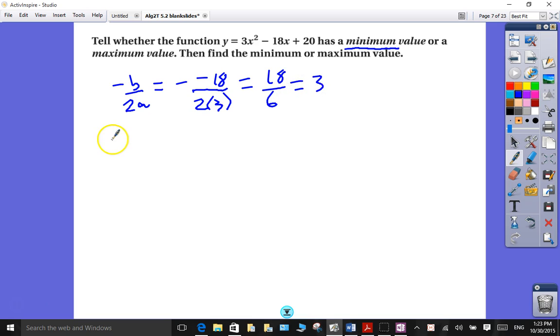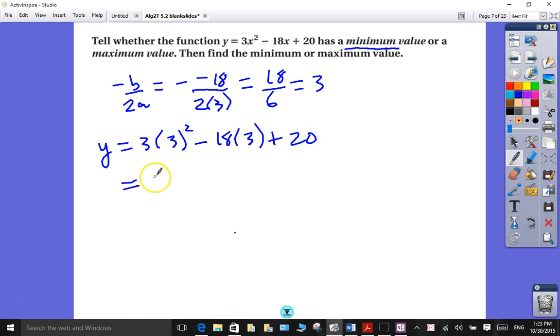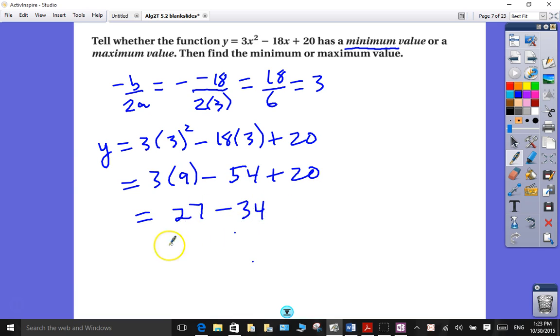Okay. Now I plug that back in. y equals 3 times 3 squared minus 18 times 3 plus 20. 3 times 9 minus 54 plus 20. 27 minus 34, negative 7.